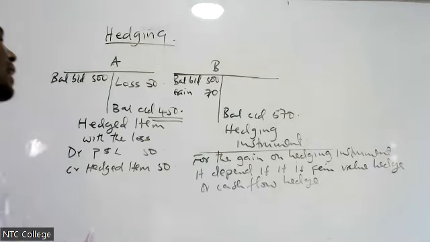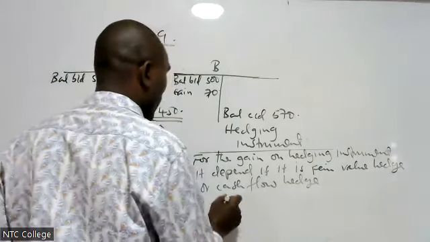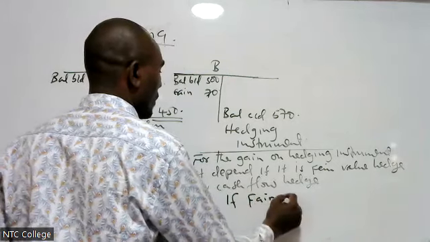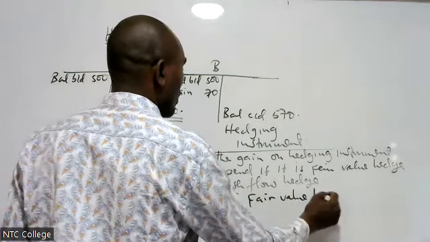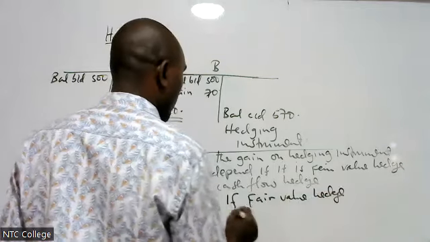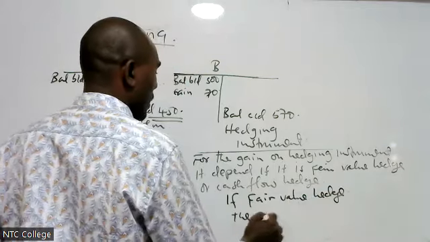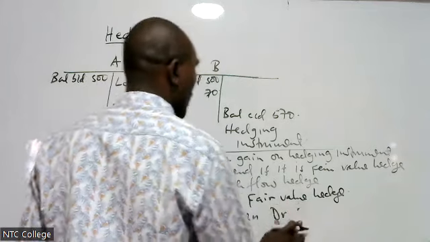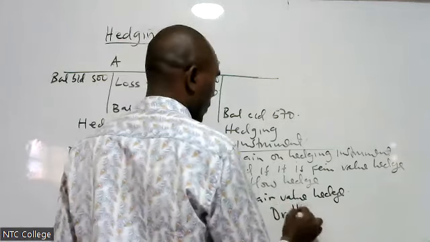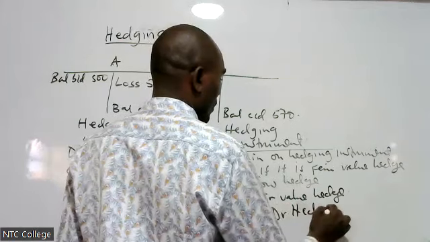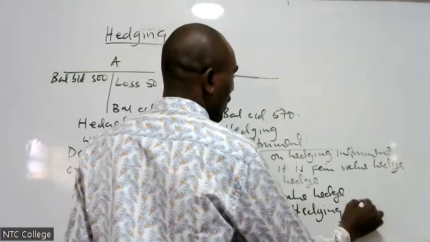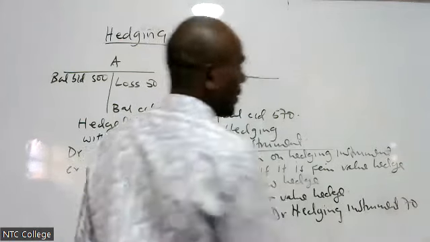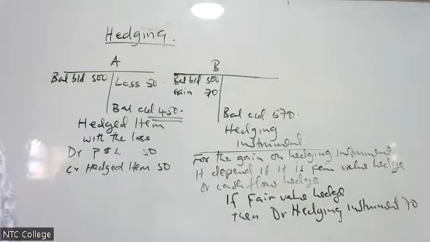Now listen, if it is a fair value hedge, then debit hedging instrument with 70, the total of the gain.